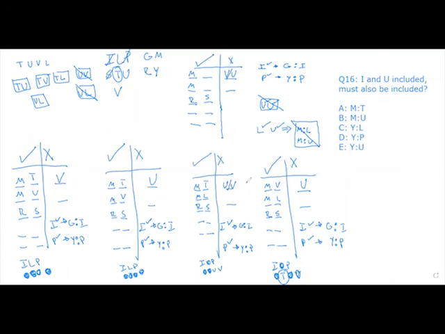Question 16. I and U are included. What must also be included? Got to find a world where we can put I and U. Can't be here because U's out. Can't be here because U's out. Start with this one. If we choose U here, V has to be out. I, G. So we know P is out. We don't know what color U is. How about here? We have V out.